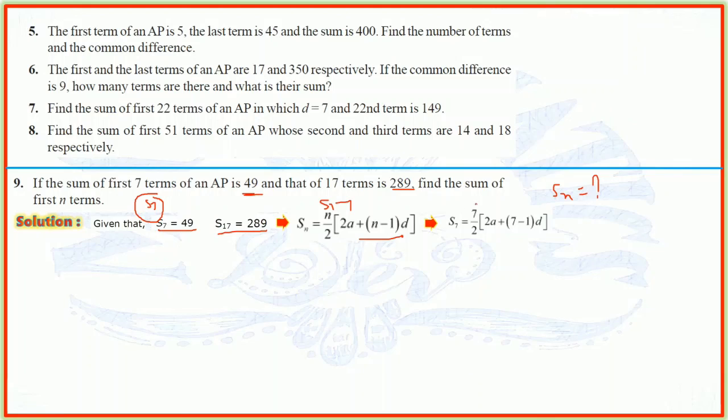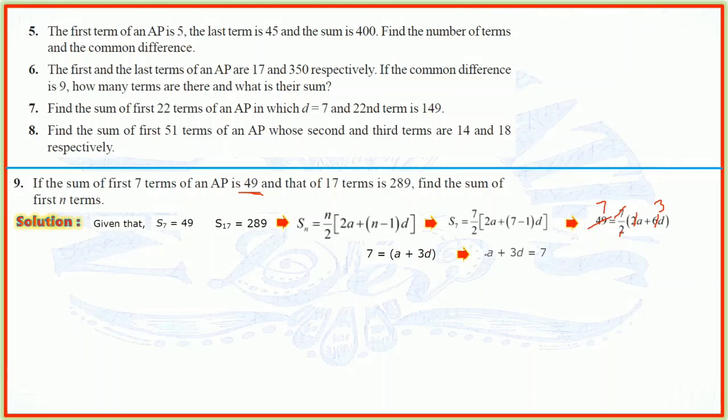So S7, first of all, n by 2, 7 by 2, 2a plus n minus 1 into d, which is equal to 49. So 49 is equal to 7 by 2 into 2a plus 6d. 7 sevens are 49, and 2 taken common from these two, so 7 is equal to a plus 3d. This is a plus 3d is equal to 7, equation number 1.